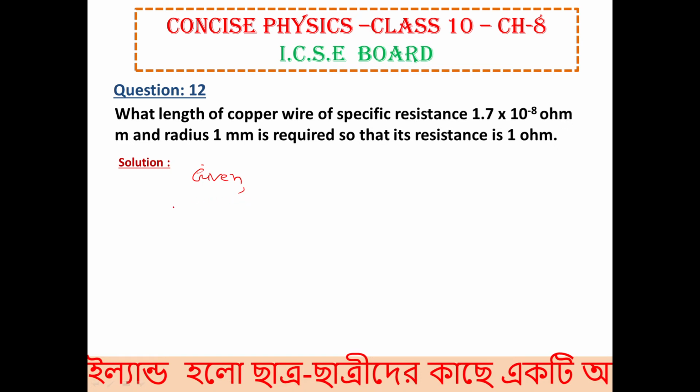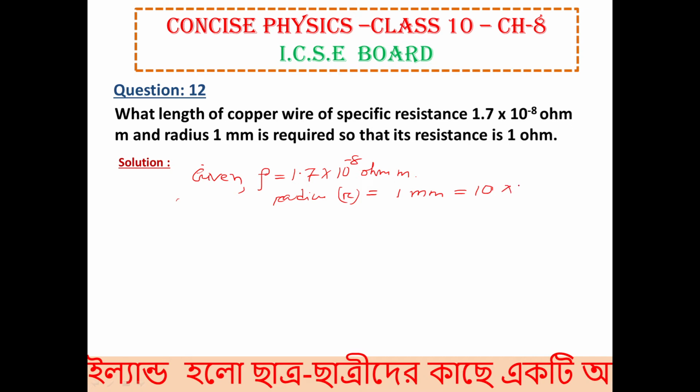You can practice it. So here the given data is specific resistance, that is rho, 1.7 into 10 to the power minus 8 ohm meter, and the radius r of the wire equal to 1 millimeter. So we have to take it into meter.